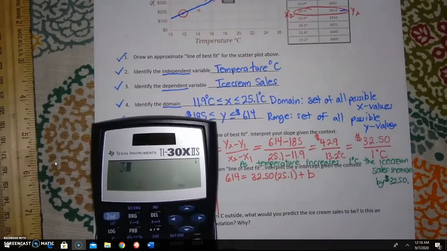So I'm going to go ahead and take that 3250 and multiply it by 25.1.